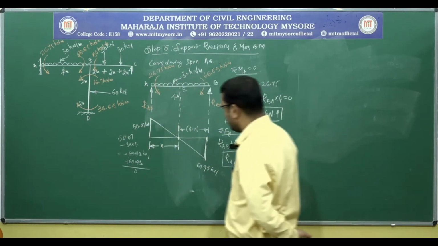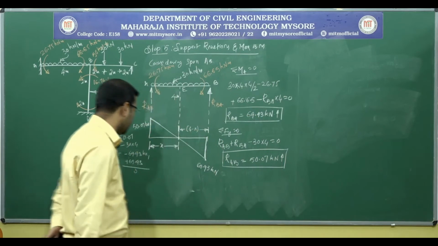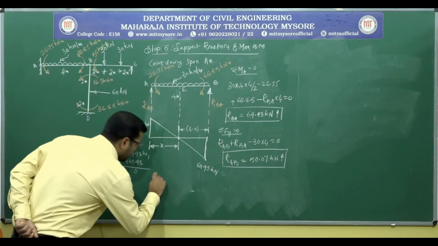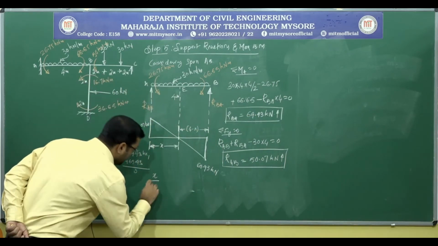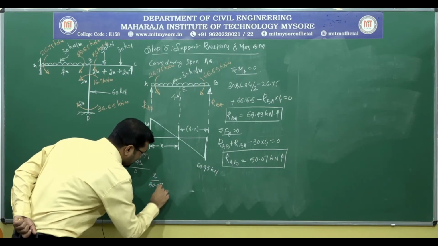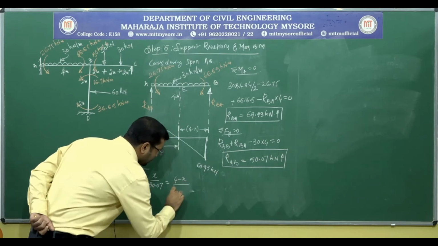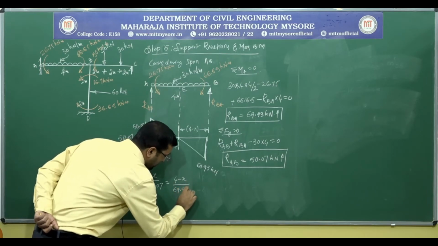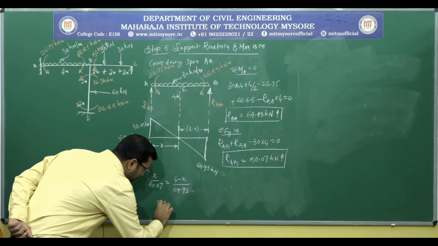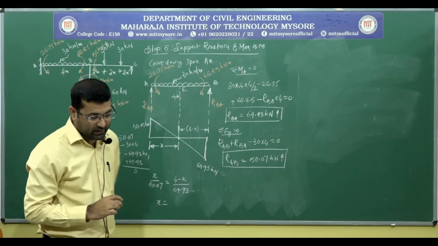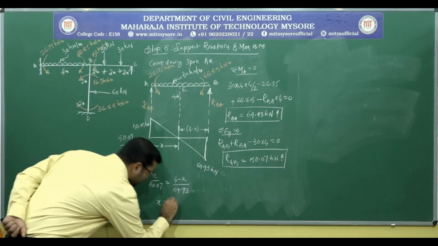That can be done by using the similar triangles concept. That is, I can write x by 50.07 must be equal to 4 minus x by 69.93. If I work this out, we get the value of x as 1.67 meter.